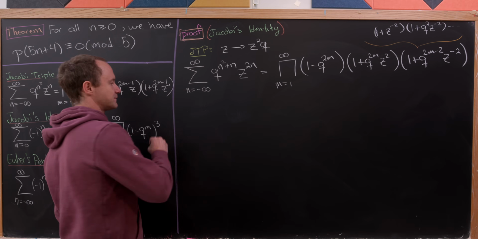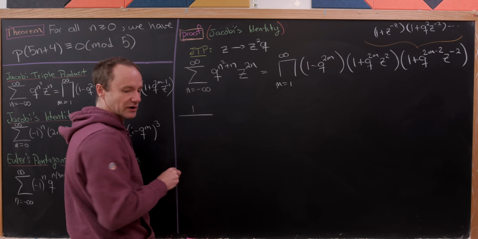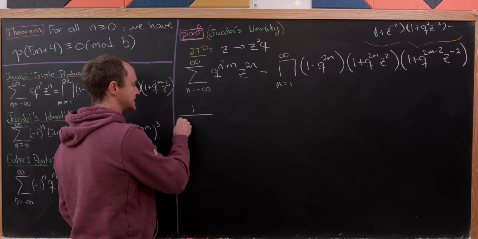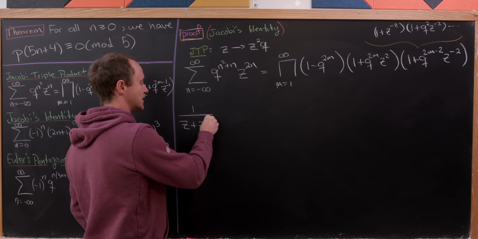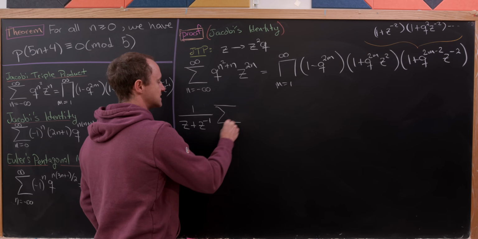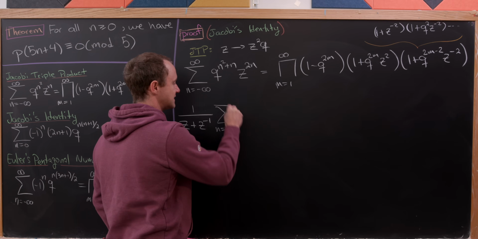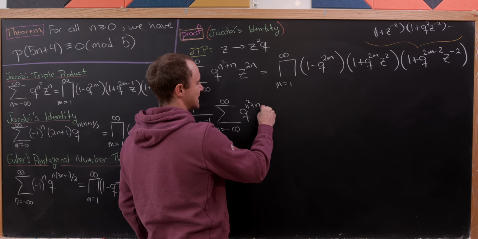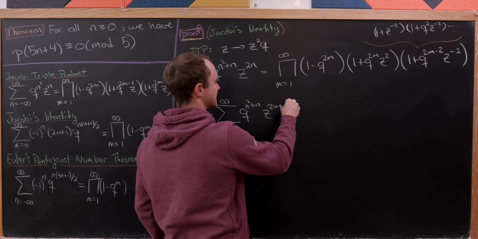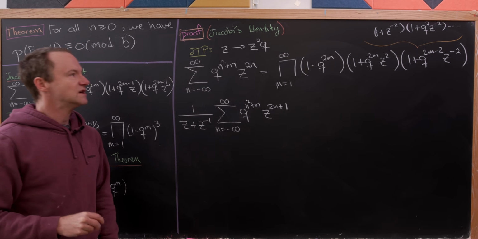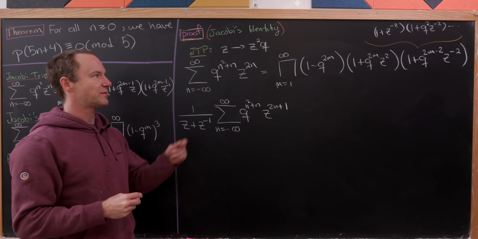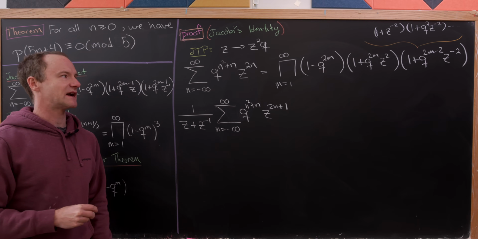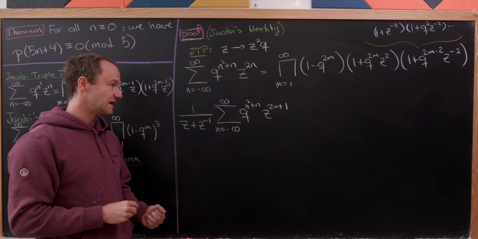So let's do that. Over here on the left-hand side, we're going to have 1 over z plus z to the minus 1. You'll see why we're doing this. Times the sum as n goes from minus infinity up to infinity of q to the n squared plus n, and then z to the 2n plus 1. So what we did here is we multiplied 1 plus z to the minus 2 by z over z.